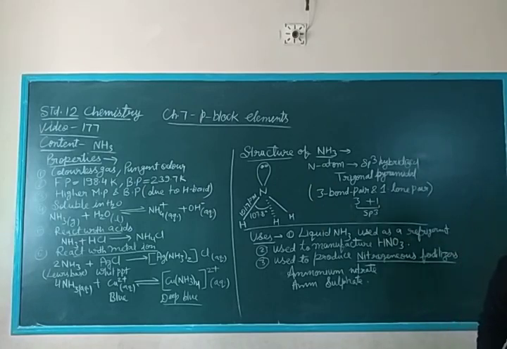Okay, got it. Then uses of ammonia. Especially liquid ammonia is used as a refrigerant. Then ammonia is used to manufacture a strong acid, nitric acid, HNO3. Then it is used to produce nitrogenous fertilizers.